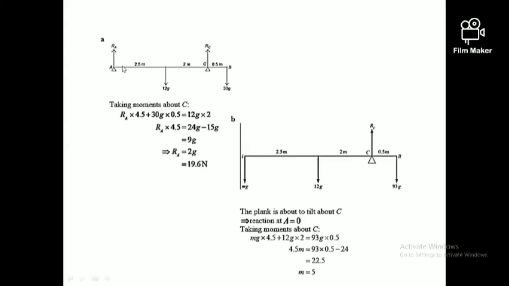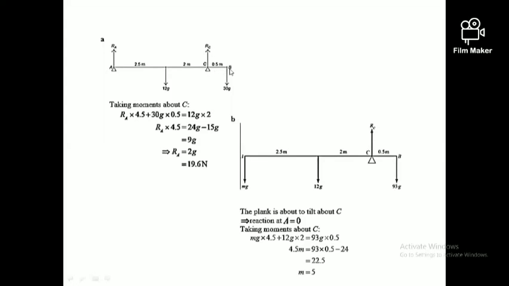The distance from here to here, we know that the total length is 5. This length is 0.5. Therefore, this length would be 4.5. So 4.5 into RA plus 0.5 into 30g equals 12g into this length. How do you get that length as 2 meters? We know that this is a midpoint. Here to here is 2.5 meters.